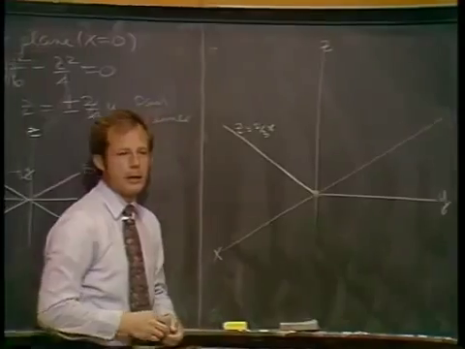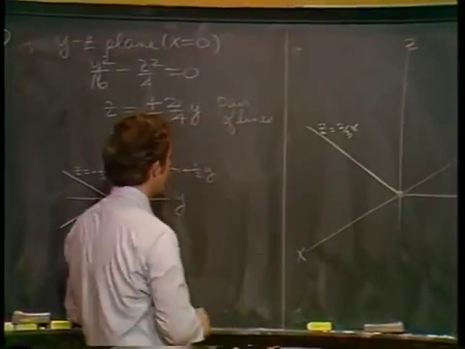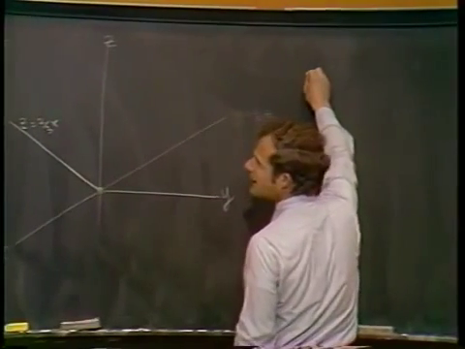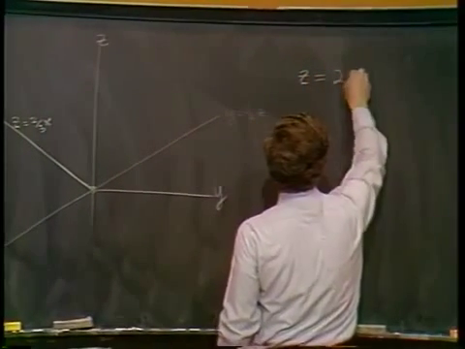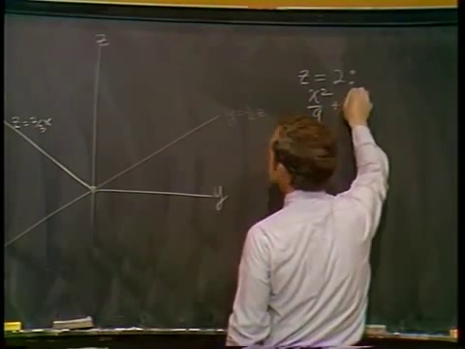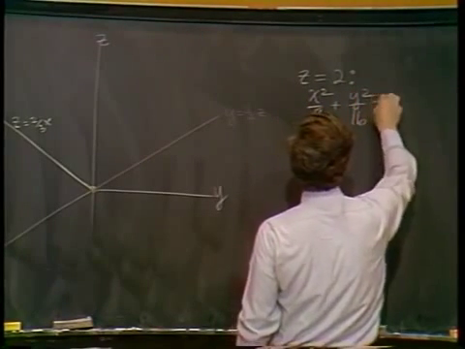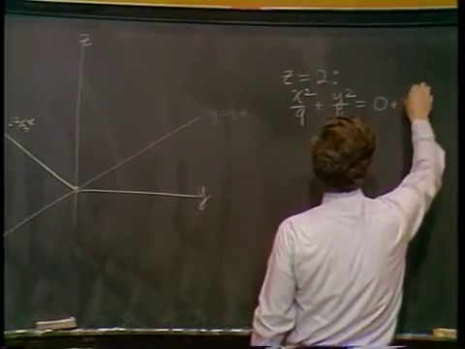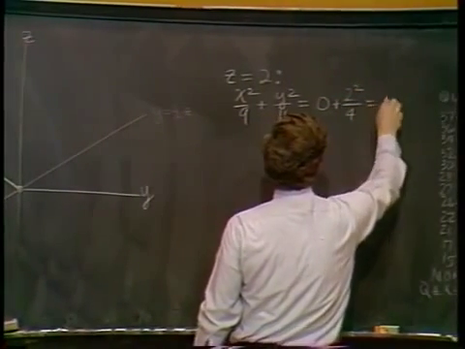In the XY plane, let's see what happens if you look at yet another trace. Let's see what happens if you cut it at z equals 2 again. If z equals 2, you get x squared over 9 plus y squared over 16 equals 0 plus z squared over 4, or 1.